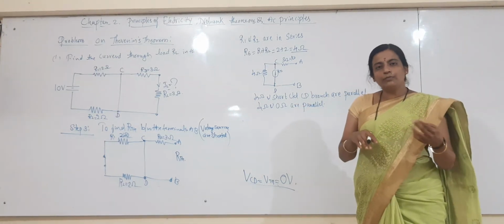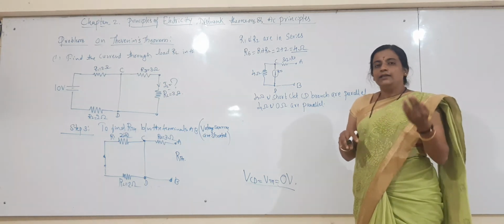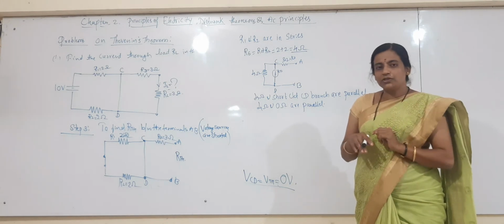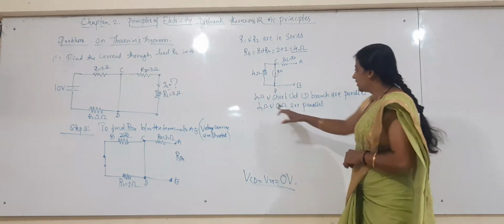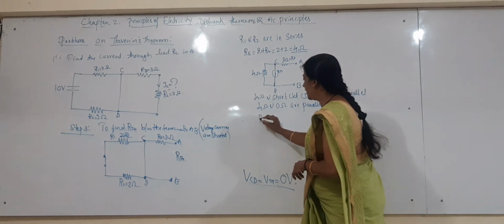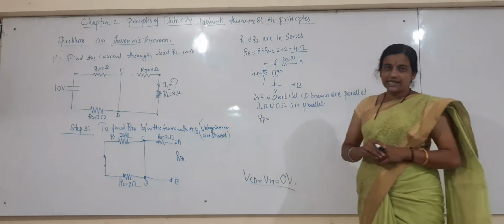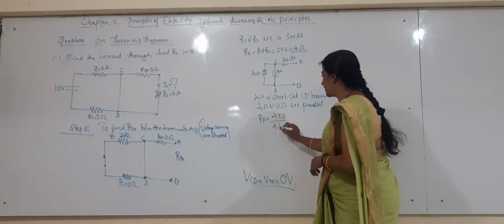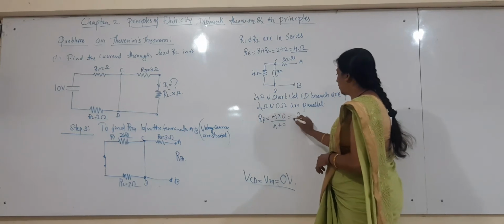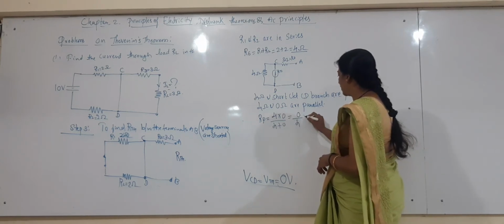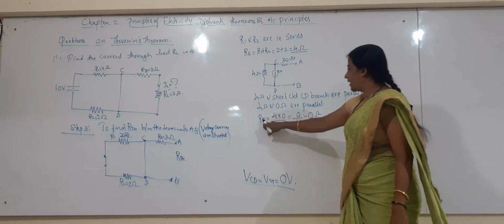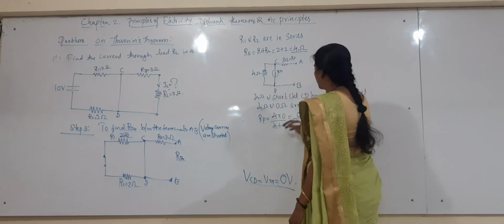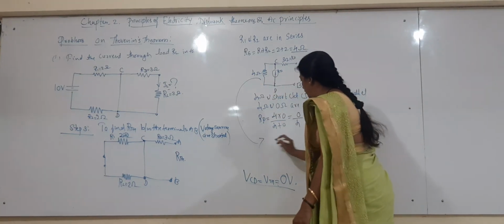The effective resistance of the parallel combination is Rp equal to 4 into 0 divided by 4 plus 0, that is 0 divided by 4, which is 0 ohm. So our parallel combination of resistance is 0 ohm.